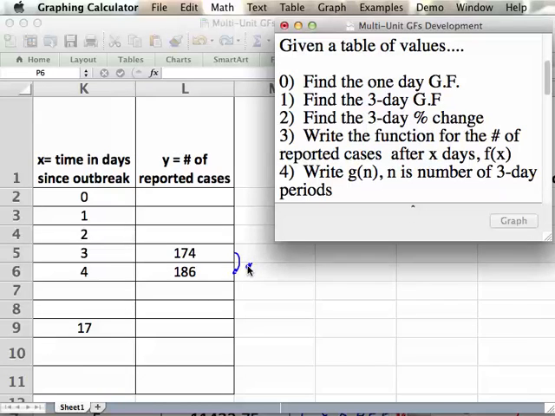Right, we're asking what number do we need to multiply 174 by to get 186? How would you find that? What he said, you would divide 186 by 174. Right? 174 times that ratio would give you 186. And what is that? Cody, go ahead. 1.068.